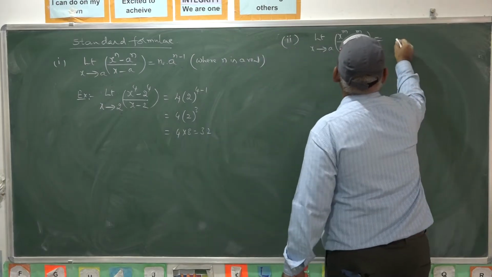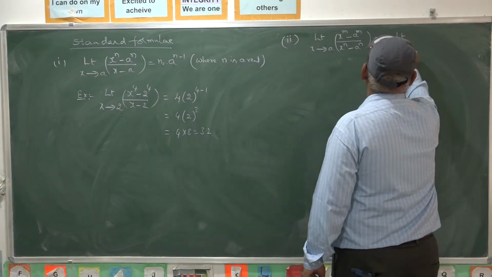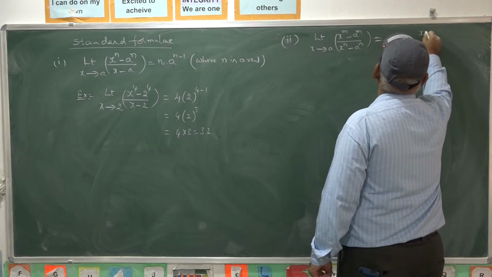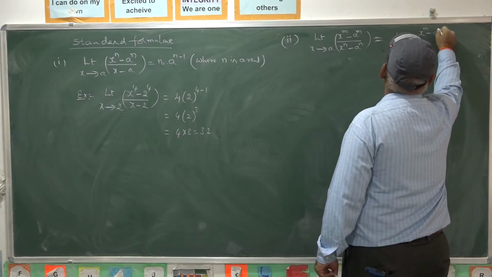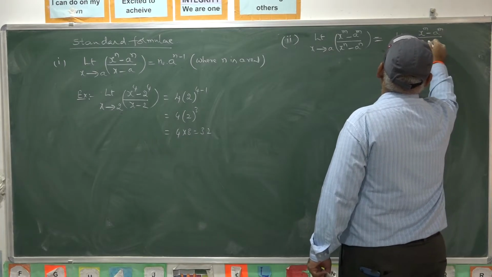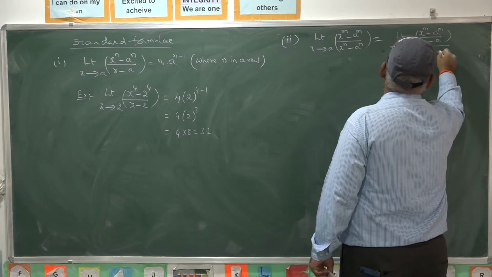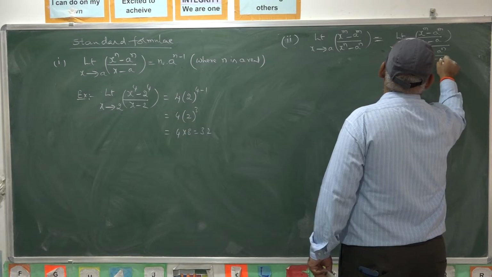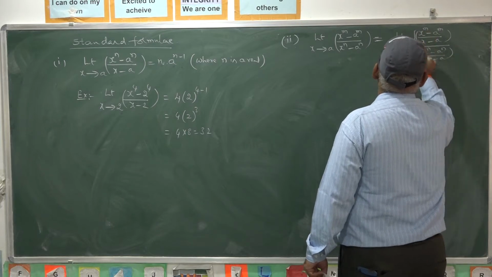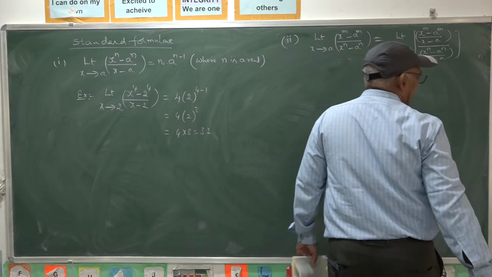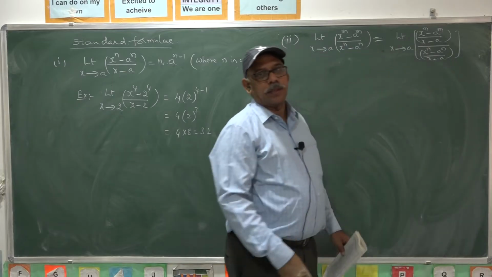This may be written as limit as x goes to a, [(x^m minus a^m) by (x minus a)] by [(x^n minus a^n) by (x minus a)]. I am dividing the numerator and denominator by x minus a.